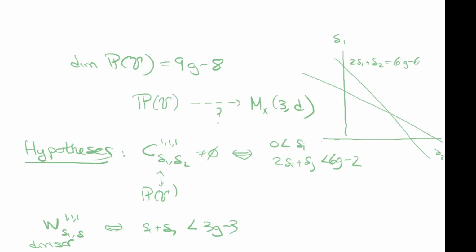Line delta 2 plus delta 1 equals 16 minus 6. This is the point 2G minus 2G minus 2.